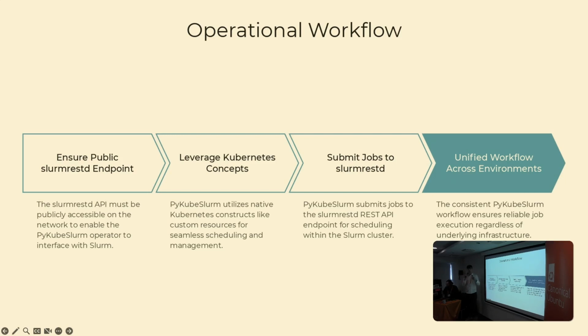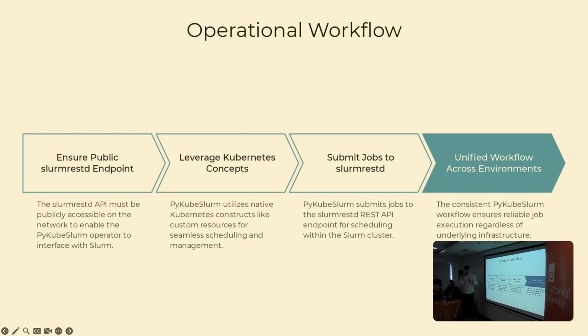Also, the whole idea is to leverage the Kubernetes concepts, the Kubernetes resources. So now everything is all about creating a custom resource definition manifest, which I will just call CRD. And PyKubeSlurm simply watches changes, creations and deletions in that custom resource definition.